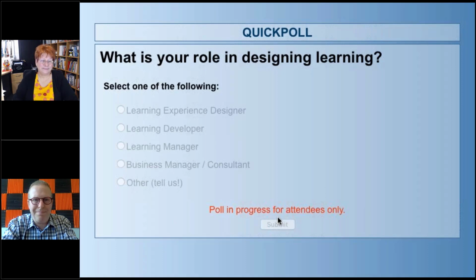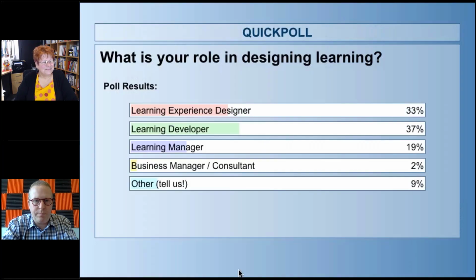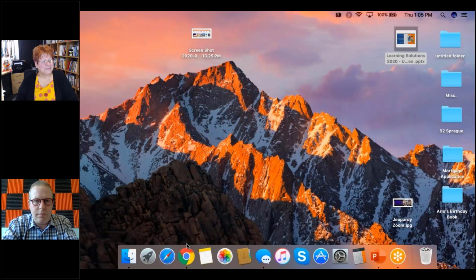Yep, so there's another one of those. All the hats at the same time. All right, we'll close this off and I'll share those results. So 37% of our audience sees themselves as learning developers, 33% as learning experience designers, 19% learning managers, 9% something else, or all of them, I guess, and 2% business manager or consultant.